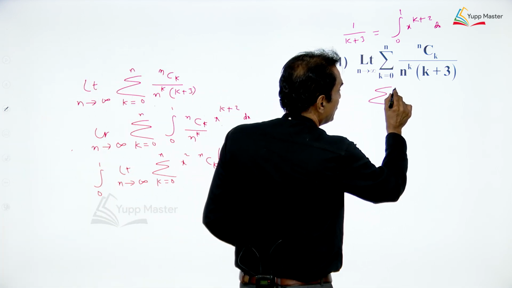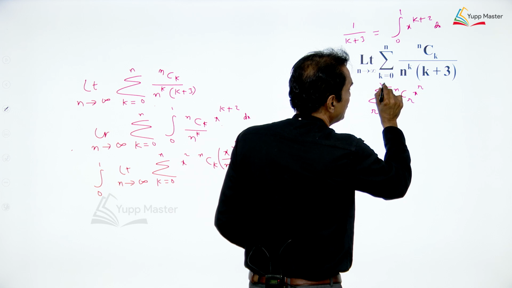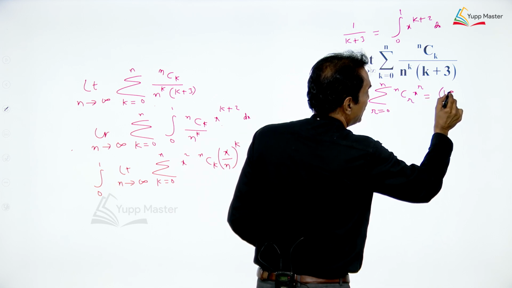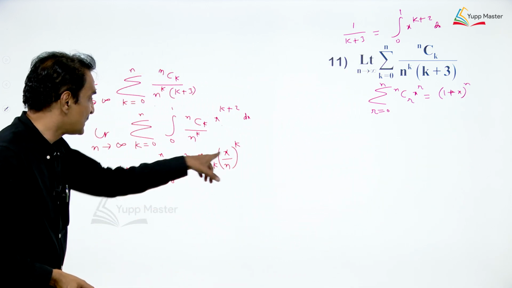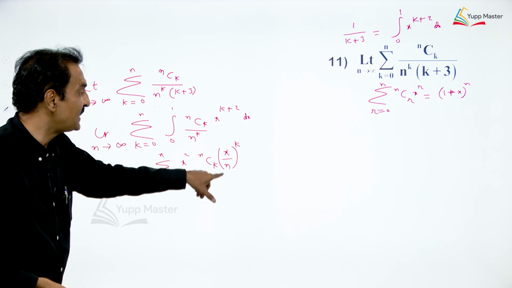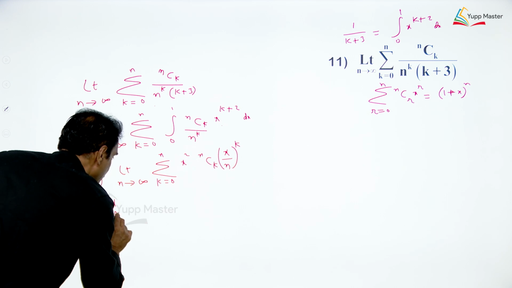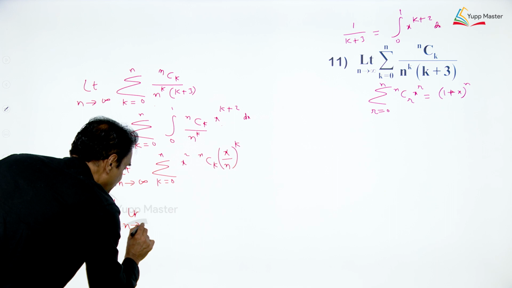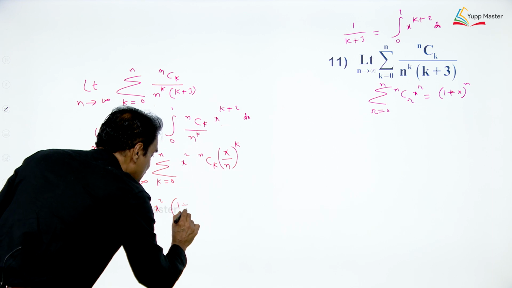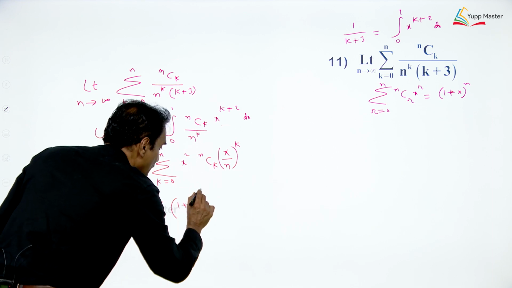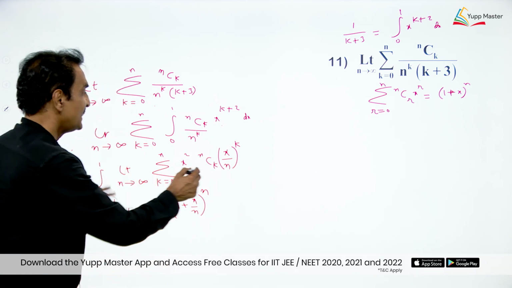Sigma nCr into x power r, r varies from 0 to n, is 1 plus x whole power n. All of you know this by binomial theorem. So, this summation will be 1 plus x by n whole power n. So, next step will be integral 0 to 1 limit as n tends to infinity x square into 1 plus x by n whole power n. Now, when integral is there, we have to write dx also.